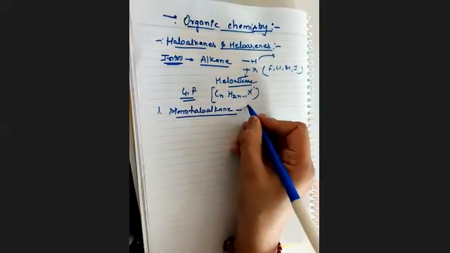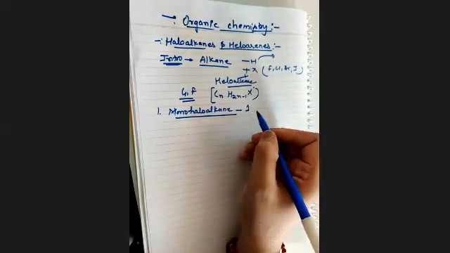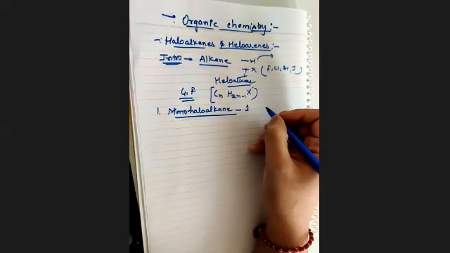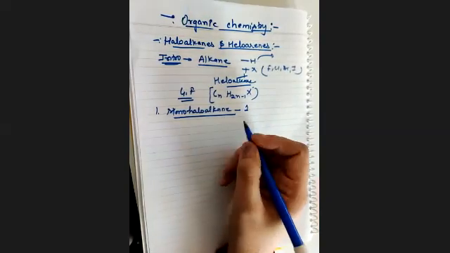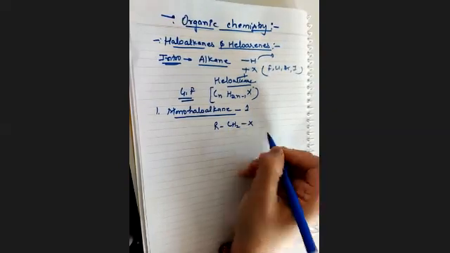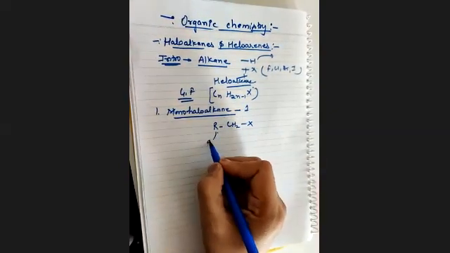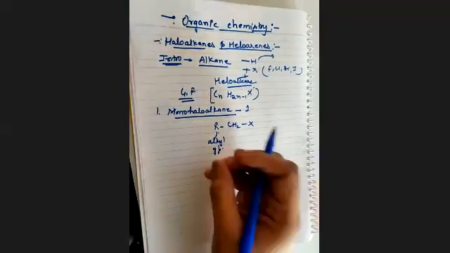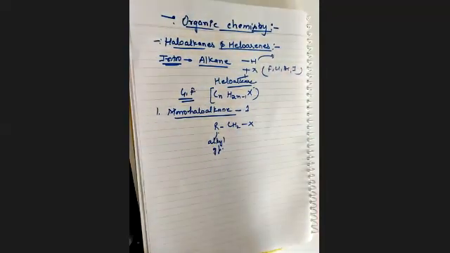Mono means one. So when one halogen group is attached with the alkane group, that is known as monohaloalkane. Okay. And you can represent it like this. For example, if I attach R with this CH2 and X, this R can be any alkyl group, whether CH3, methyl, ethyl, whatever you attach here.